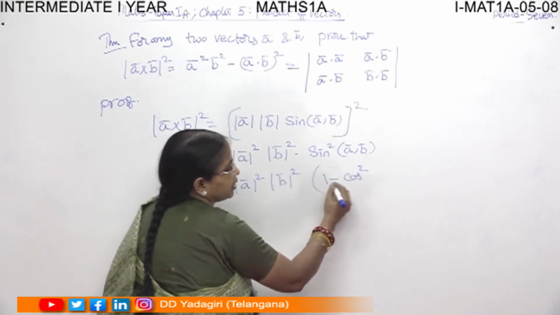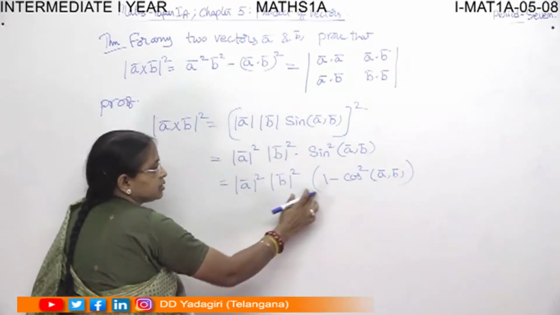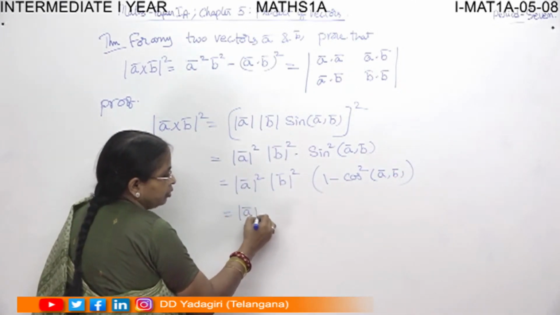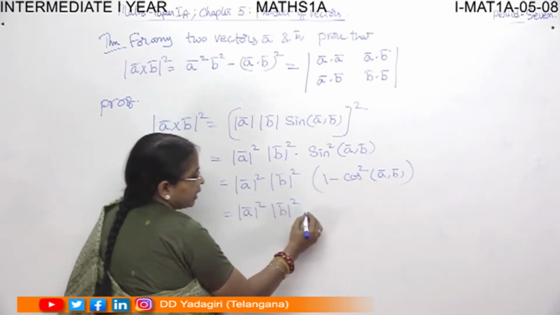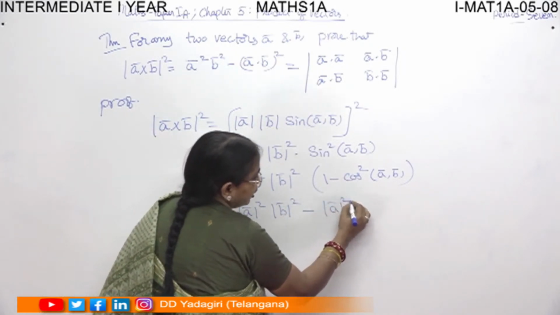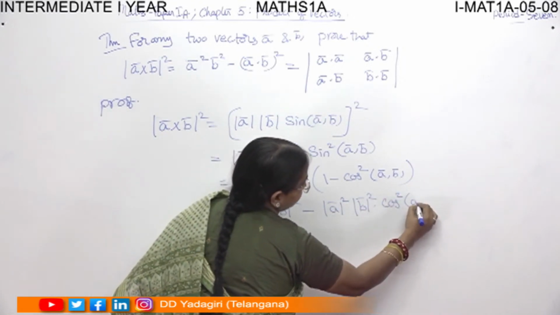So sine square AB is 1 minus cos square of the angle between A and B. Now just multiply. It is equal to mod A square into mod B square minus mod A square into mod B square into cos square of AB.